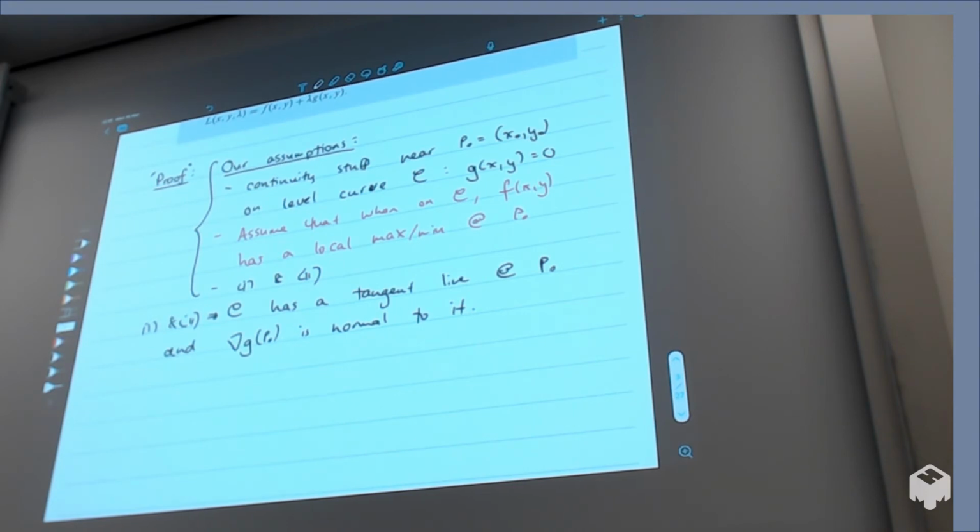What is the picture that we want to have? Here's my curve C. Here's the point P, and I'm just saying that C is well enough behaved that I definitely have a tangent line, and because the gradient of g is not equal to 0, it will be normal to that. Okay, so this is all stuff that we saw last week.